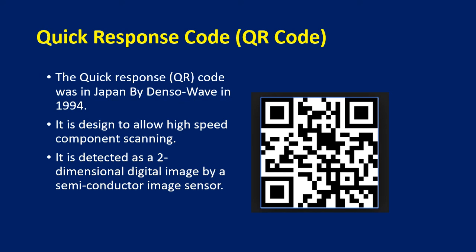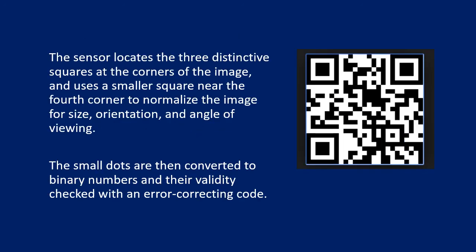Okay, quick response code, it is a code. It was invented in Japan by Denso Wave in 1994. It is designed to allow high-speed component scanning, and it is detected as a two-dimensional digital image by a semiconductor image sensor.